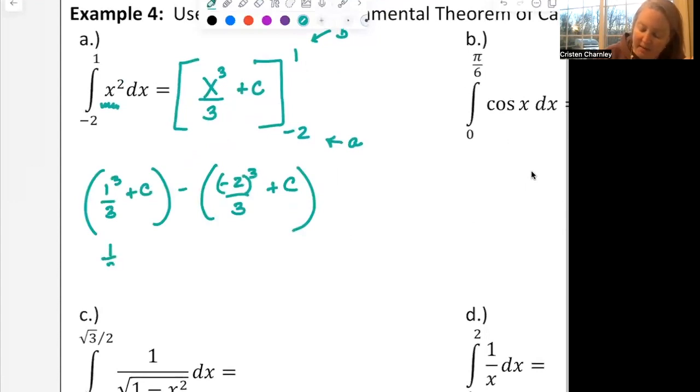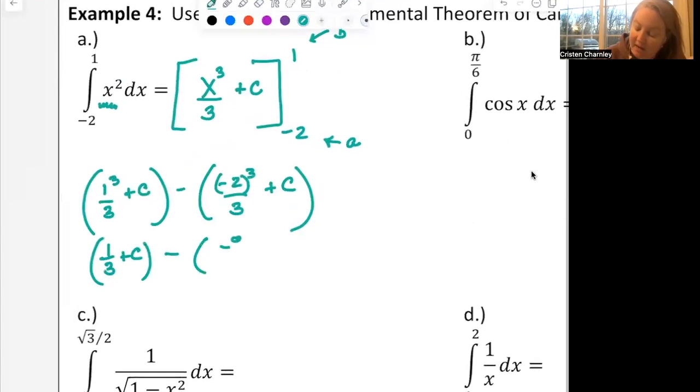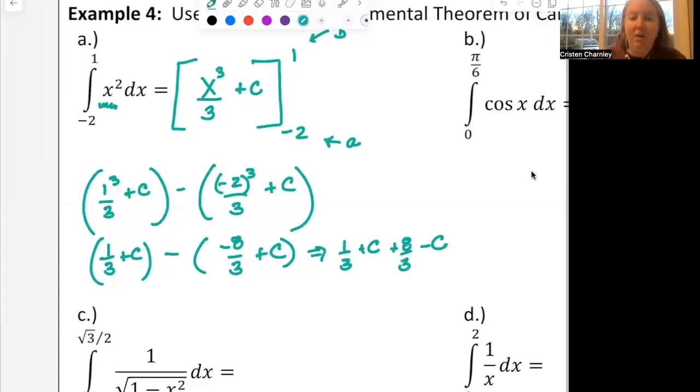So I've got 1/3 plus c minus, this is going to be -8/3 plus c. Now, if I take that minus sign in the middle and distribute it, I have 1/3 plus c plus 8/3 minus c. Now, plus and minus c, what's going to happen with those? They're going to cancel. That's going to happen every single time.